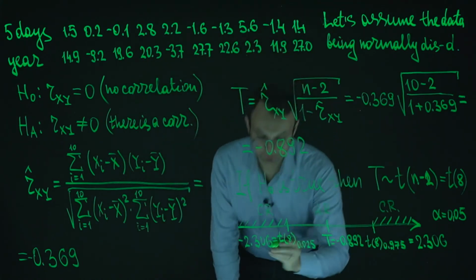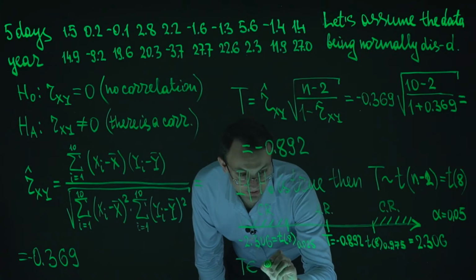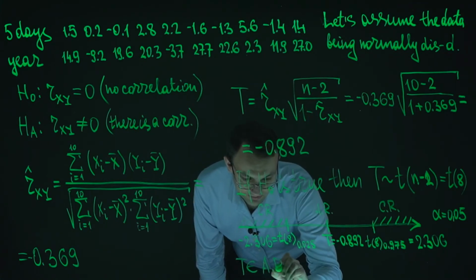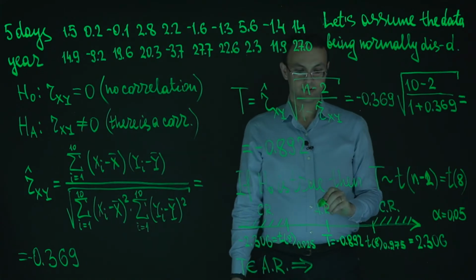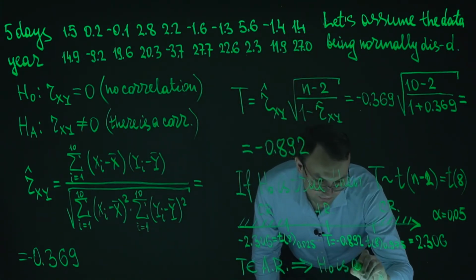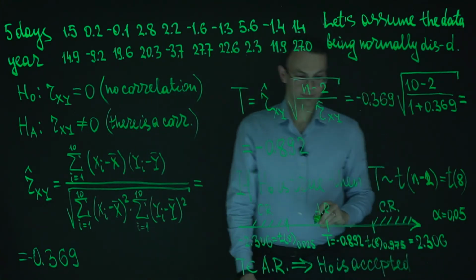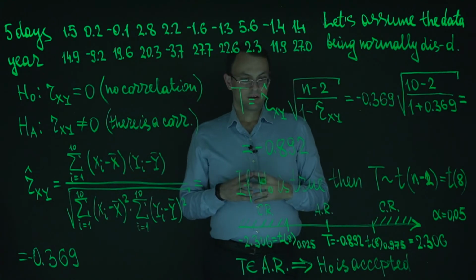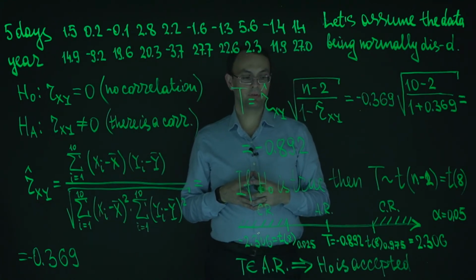So T belongs to the acceptance region, and this means that H0 is accepted. So we fail to reject the null hypothesis.